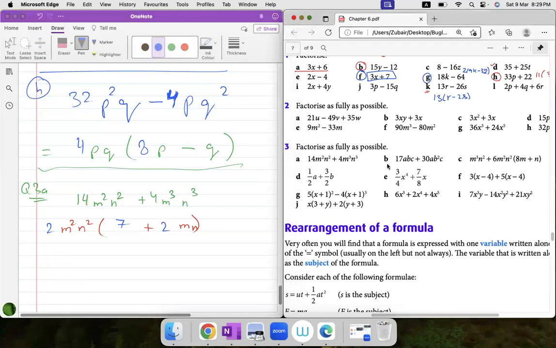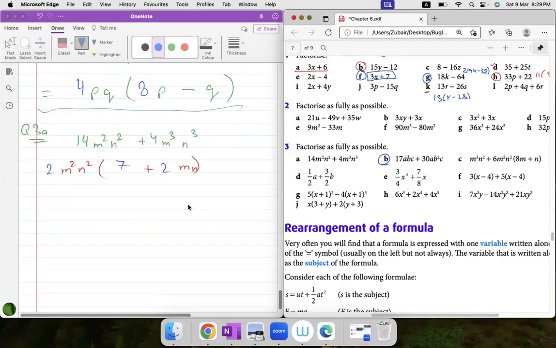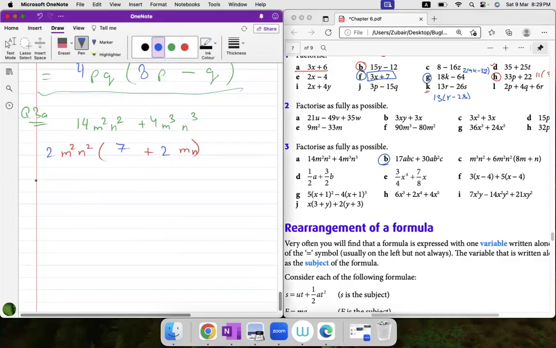Okay. Let's try B before we touch that C. So that's 17 ABC plus 30 AB squared C. It's 17 plus 30.